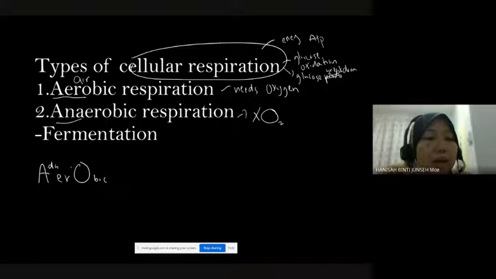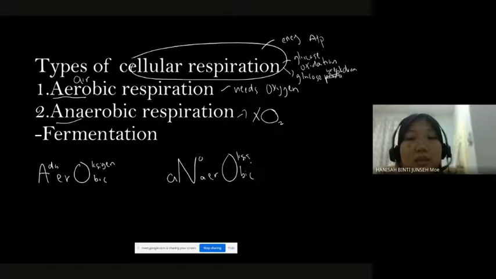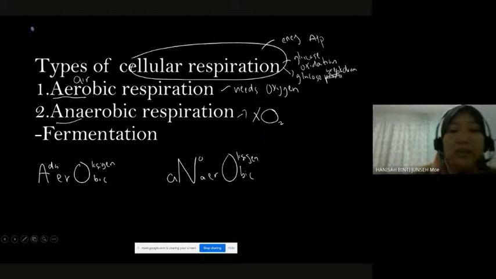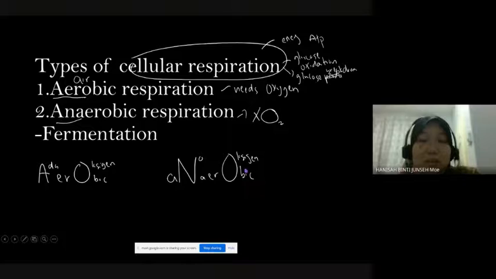Aerobic ada oksigen. Anaerobic means no oxygen. Dia macam tu lah, campur-campur lah. Ada BM, ada BI. So aerobic is involved in the presence of oxygen, while anaerobic is in the absence of oxygen, tiada oxygen. That's the basic difference between these two.